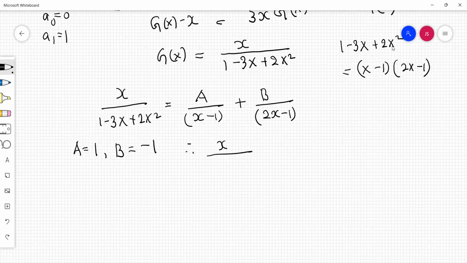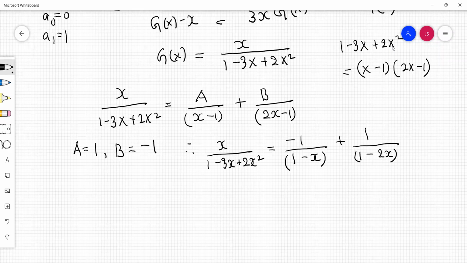Therefore, x over 1 minus 3x plus 2x squared is equal to minus 1 over (1 minus x) plus 1 over (1 minus 2x).